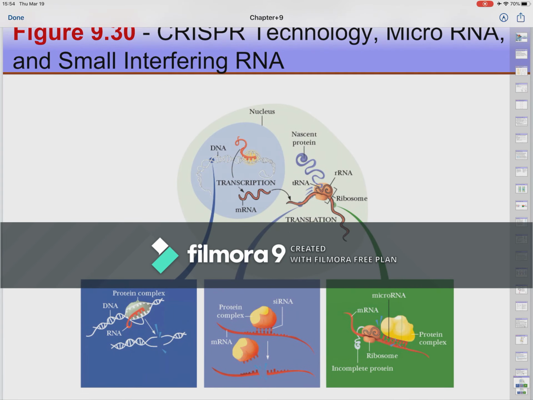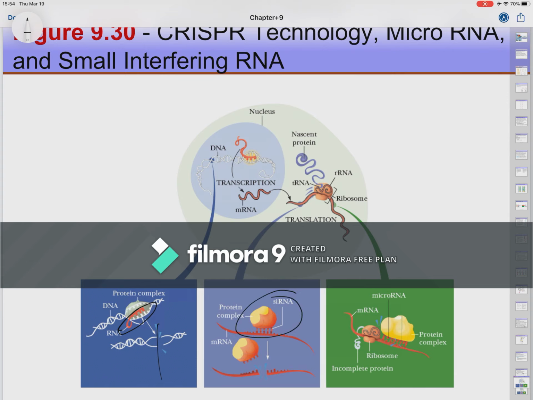This is just a graphic showing us some stuff here. So RNA coming in here and finding particular regions of the DNA and then cutting it. And then I'm not really sure what exactly this picture is all showing us. Some various aspects of transcription and translation, and how interfering RNAs work too.